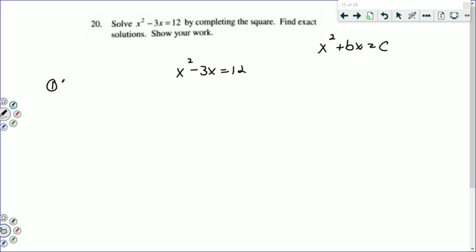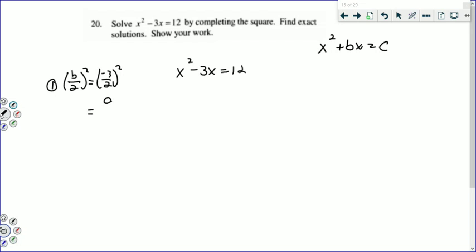The way we do that is we take the b value over 2 and square it, which in this case is going to be negative 3 over 2 squared. Now negative 3 doesn't divide nicely by 2. That's okay. That's not a huge deal. If it doesn't divide nicely, square the top, square the bottom.